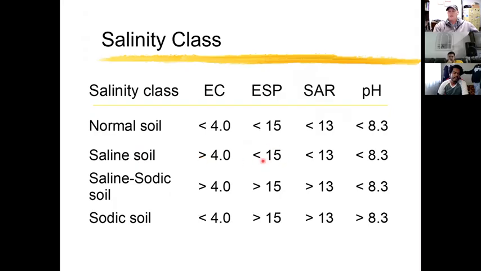Our sodium isn't necessarily high on these two parameters, and our pH is less than 8.3. If we've got a saline sodic soil, EC is high, so is the ESP and SAR, and the pH doesn't quite get affected yet. But on a sodic soil, our EC can be low, high sodium, and high pH.